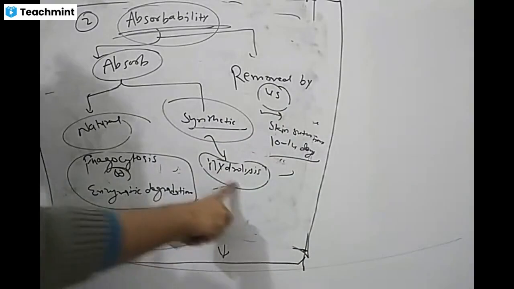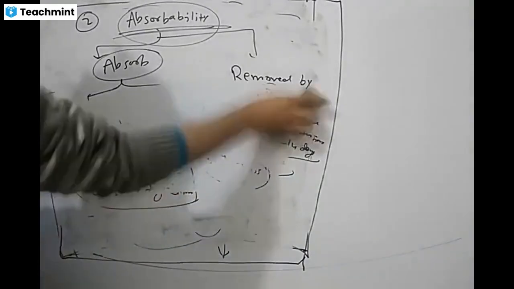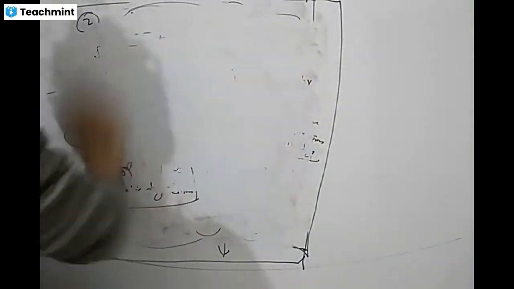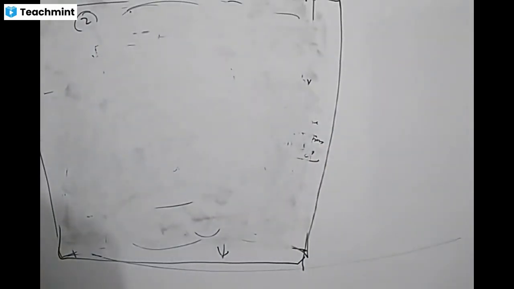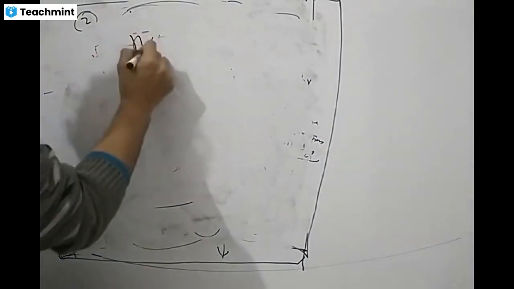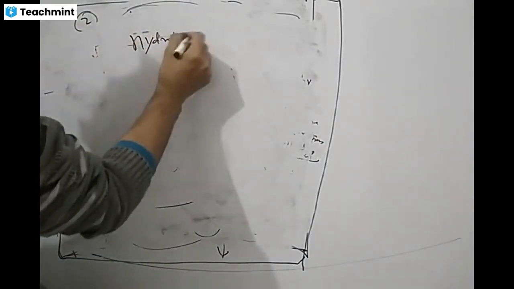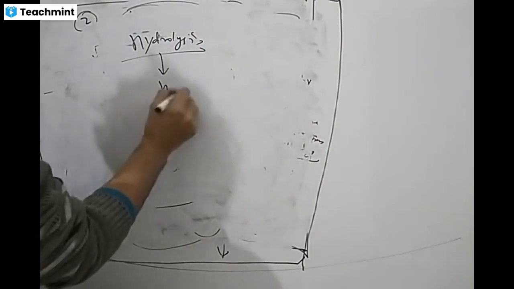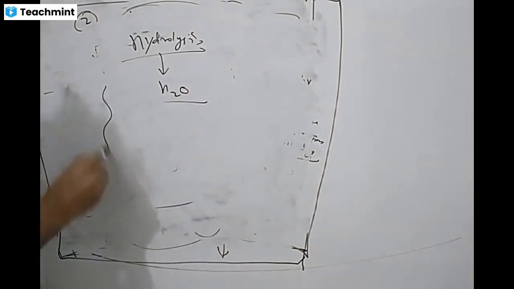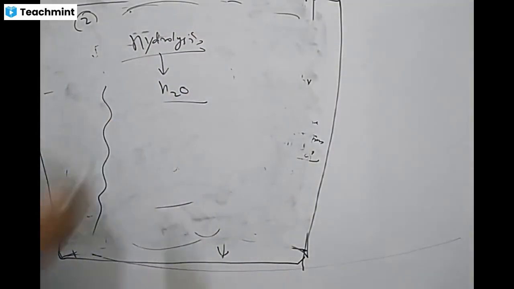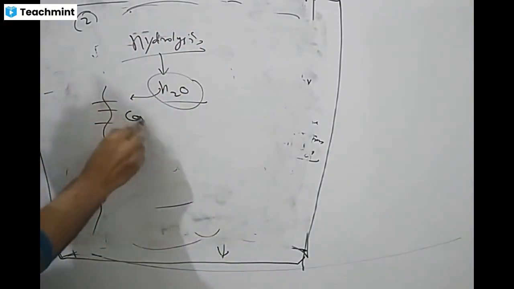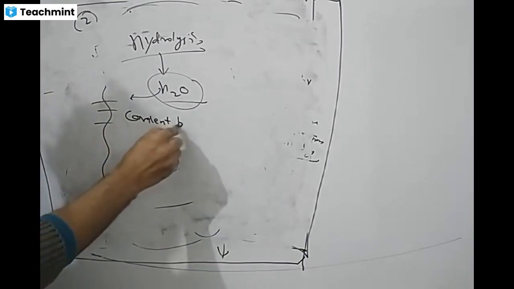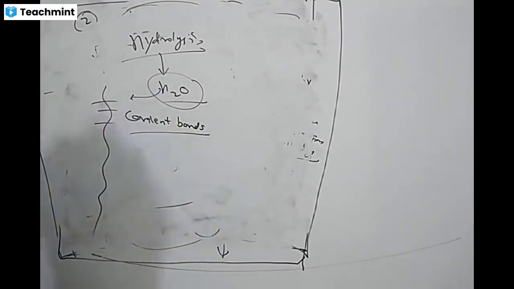So what is hydrolysis and what is phagocytosis? Hydrolysis means breakdown by water. This is the suture material, and water molecules break down the covalent bonds inside the material.